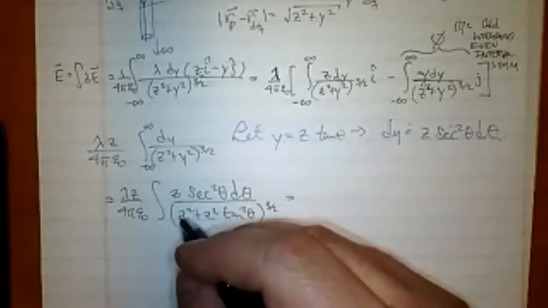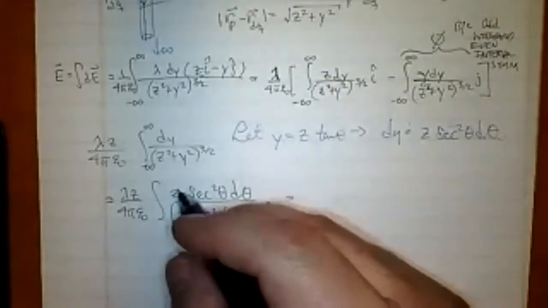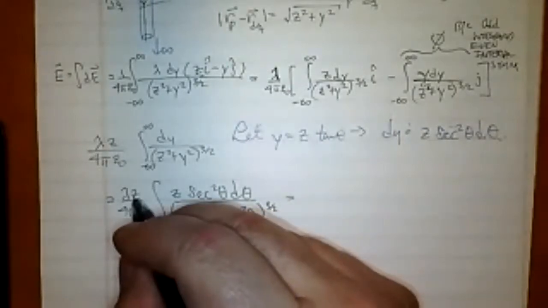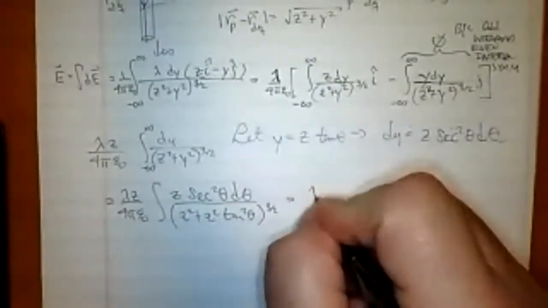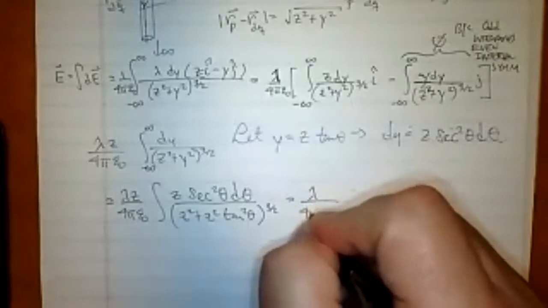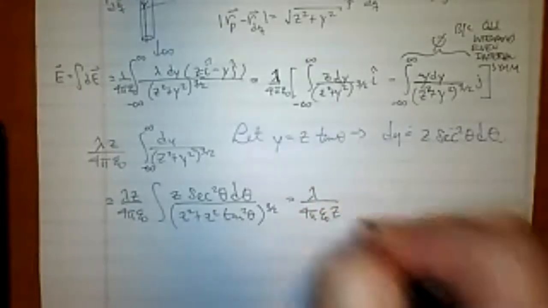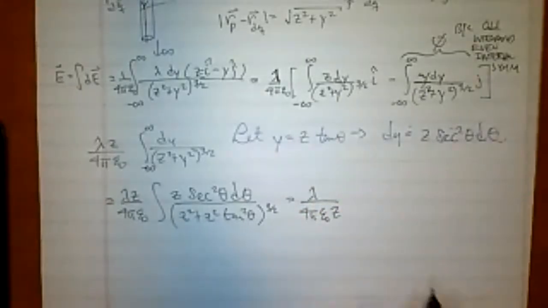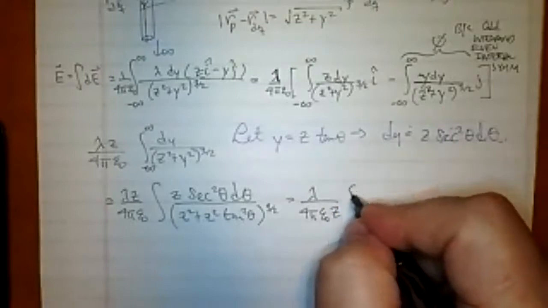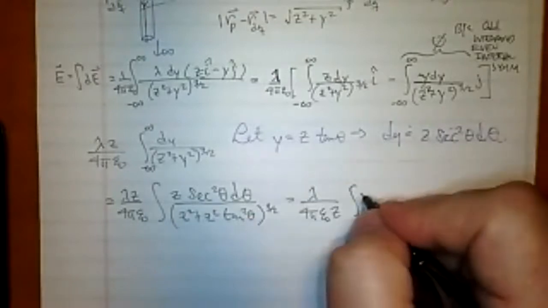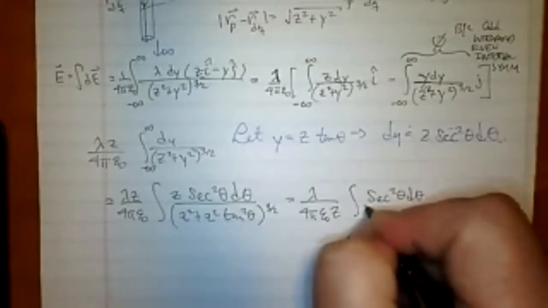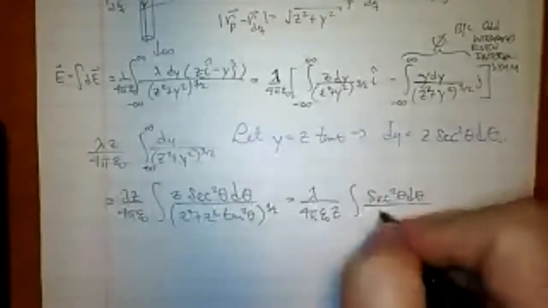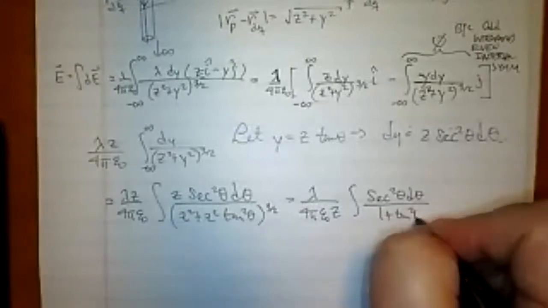So I have a z over z cubed, which would be a 1 over z squared, leaving just one z in the bottom there. So I'm going to have lambda over 4 pi epsilon naught z. Now what's left is getting rid of all that. I have secant squared theta d theta over 1 plus tangent squared theta to the 3/2.